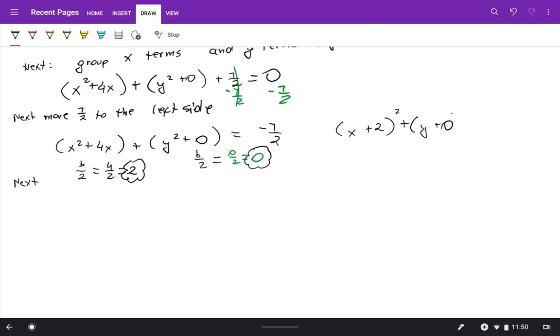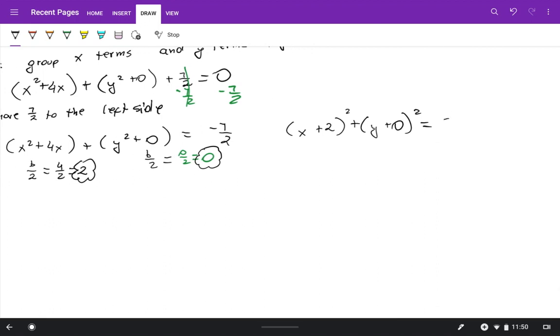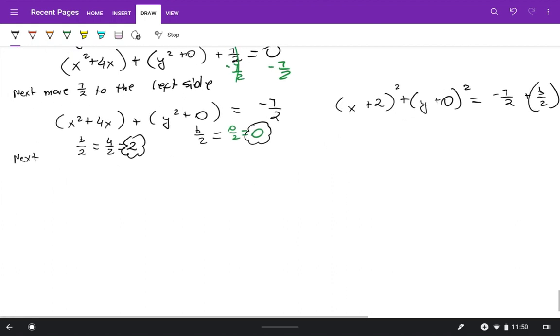The b over 2 squared is 2 squared, which is 4.